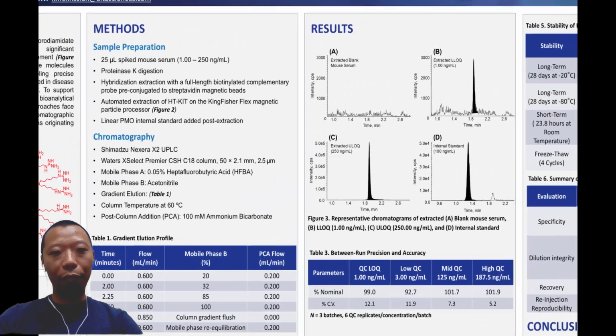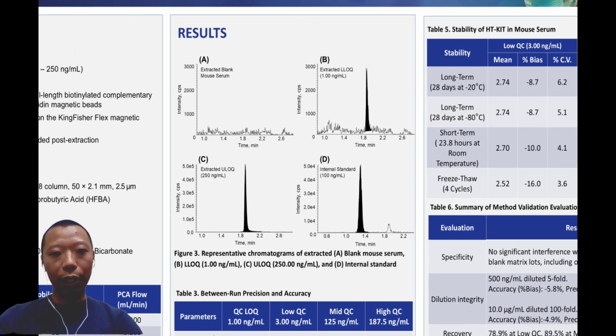As shown in Figure 3, we achieved clear baseline separation between HTKIT and the internal standard using 25 microliters of mouse serum. The chromatograms for blanks, the LLOQ at 1 nanogram per ml and the ULOQ at 500 nanogram per ml show that the method is highly specific and provides a linear response across the range.